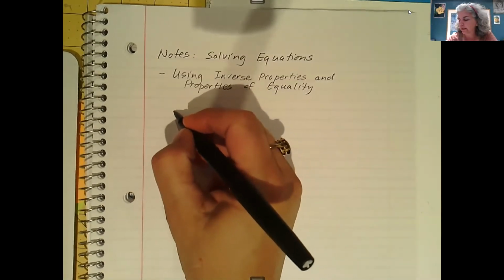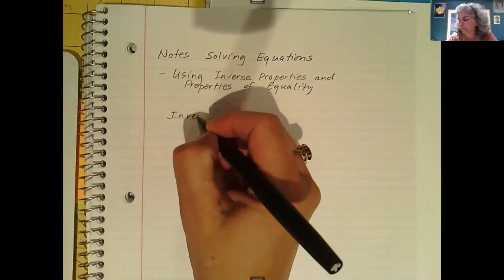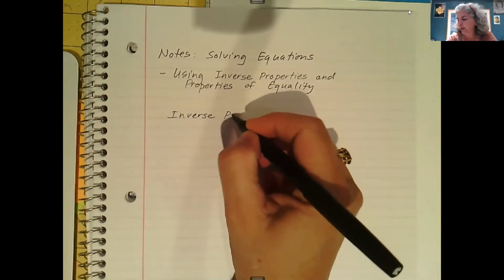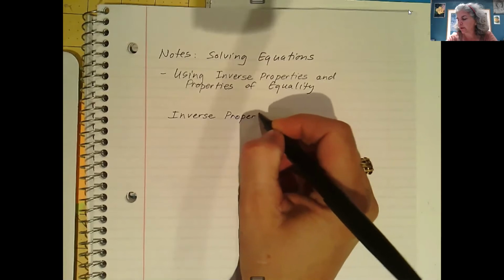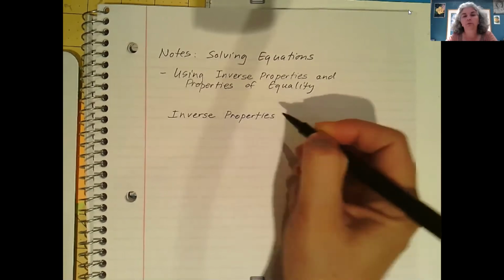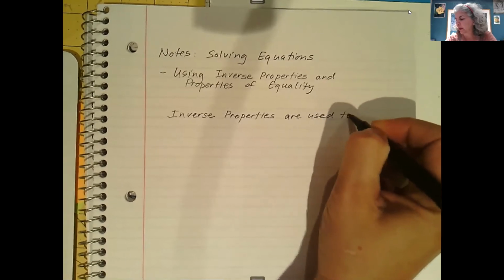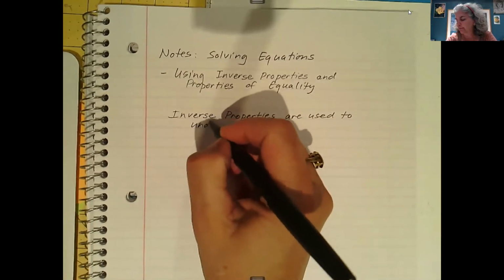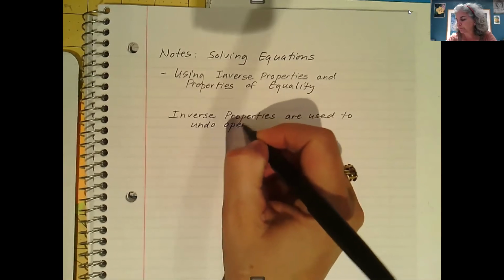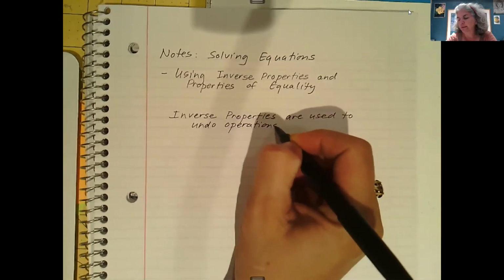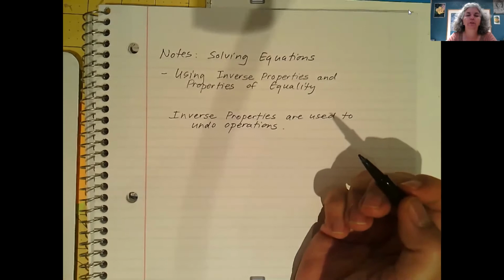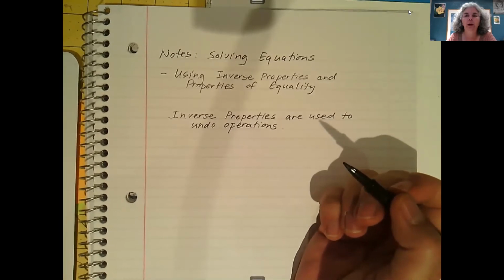So let's take a look at the inverse properties. Inverse properties are used to undo operations. Remember, you can pause this if I'm going too fast. The operations we're talking about mainly are add, subtract, multiply, and divide.